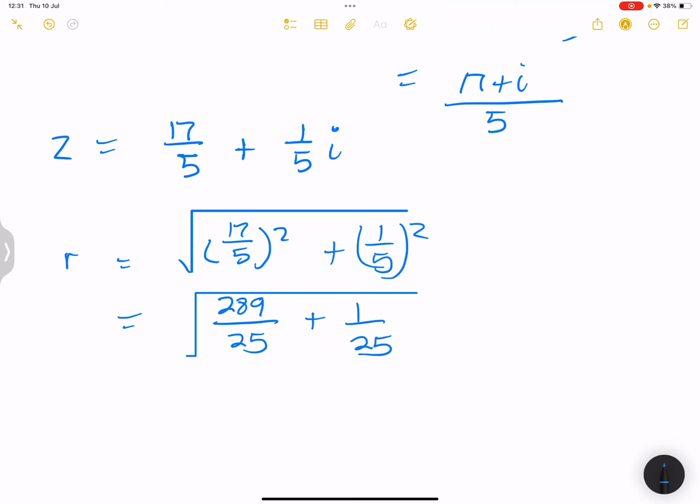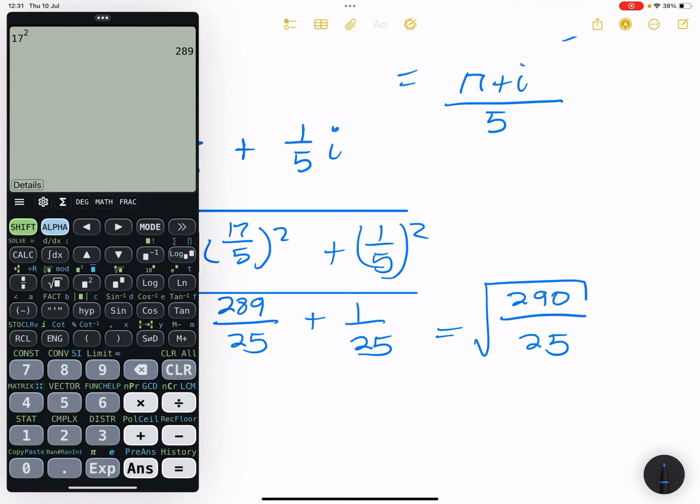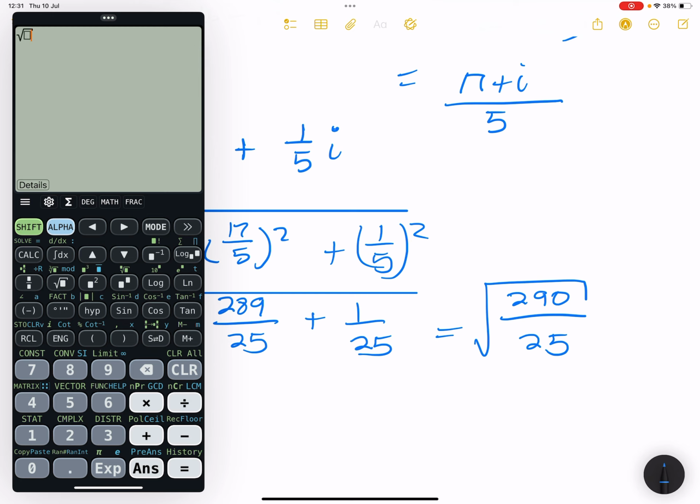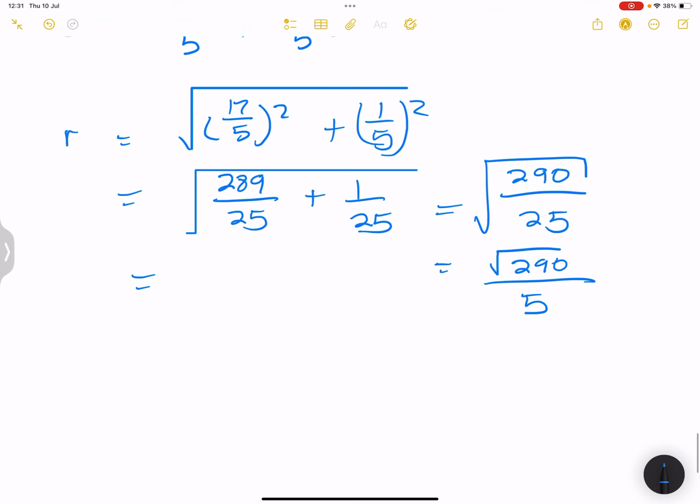Our denominators are exactly the same, so that gives us 290 over 25. The square root thereof, we get square root of 290 over 5. And that's our r value.